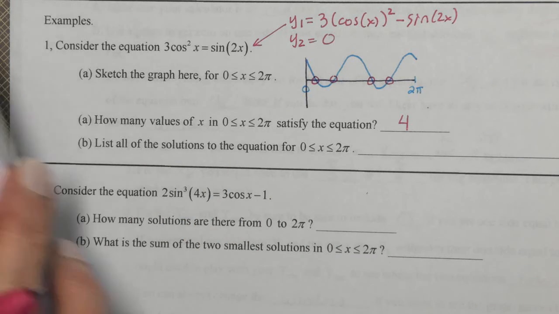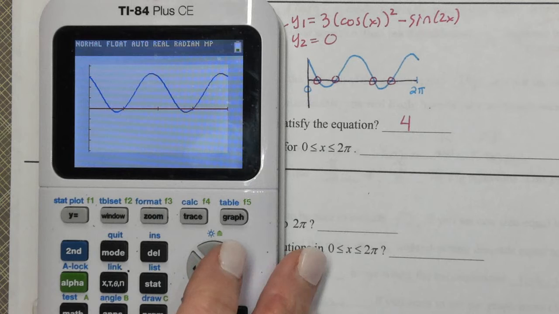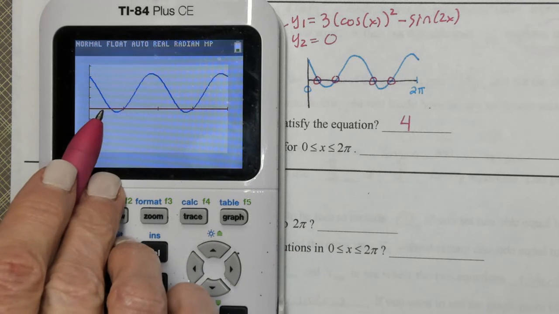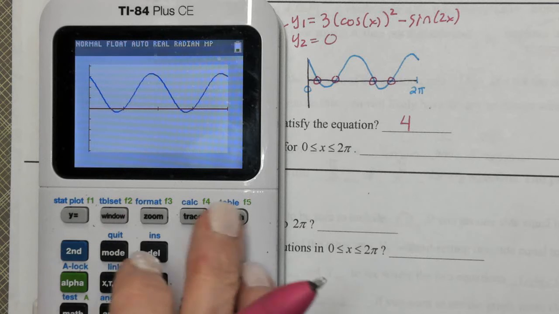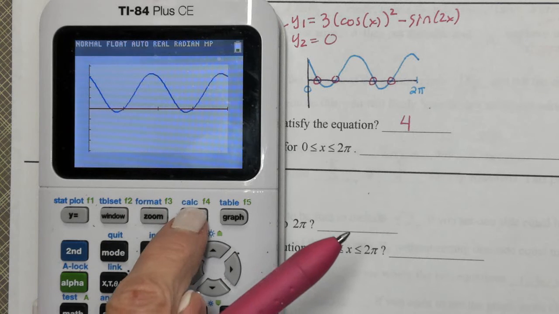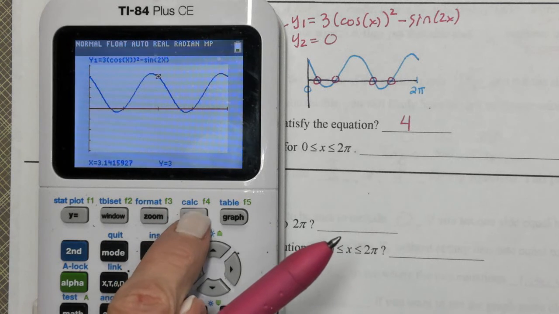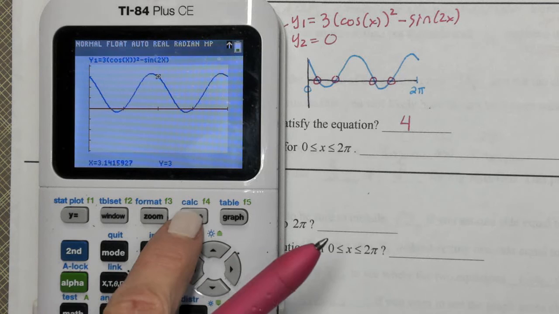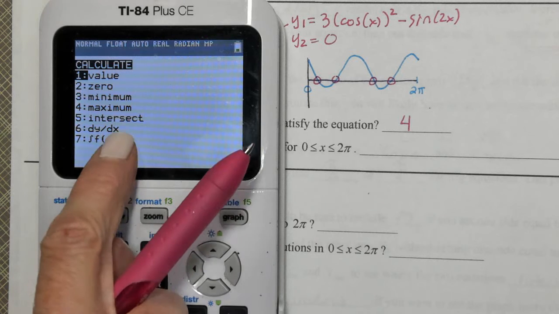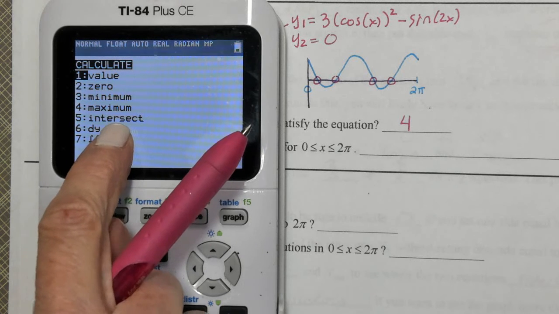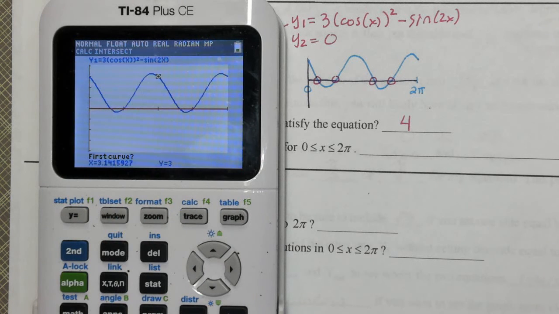And now we're going to list all the solutions. So now we're going to go back to our calculator, and we're actually going to find each of these. Okay? We need to go to the calc button. So I'm going to do second trace, and that will give me the calc button, and then number 5 is the intersect button, so I'm just going to click 5.